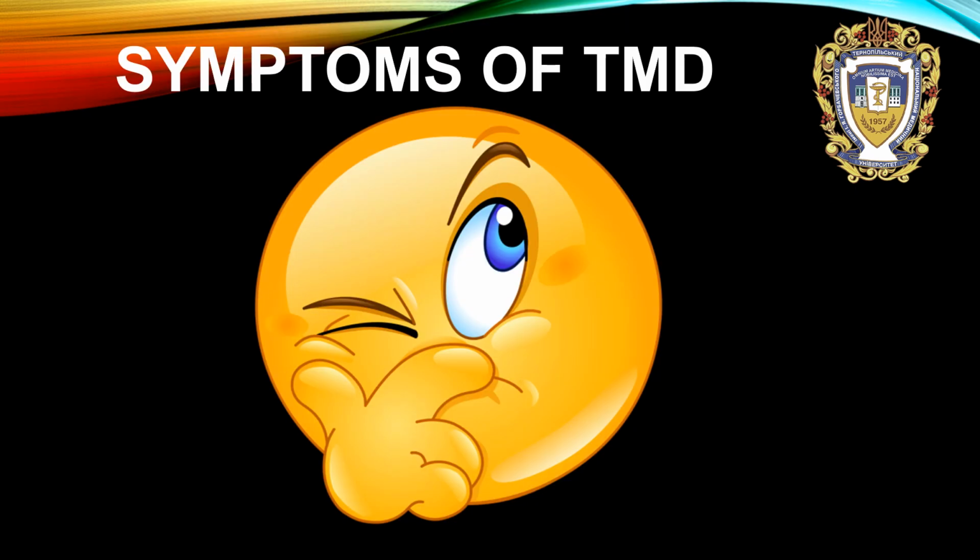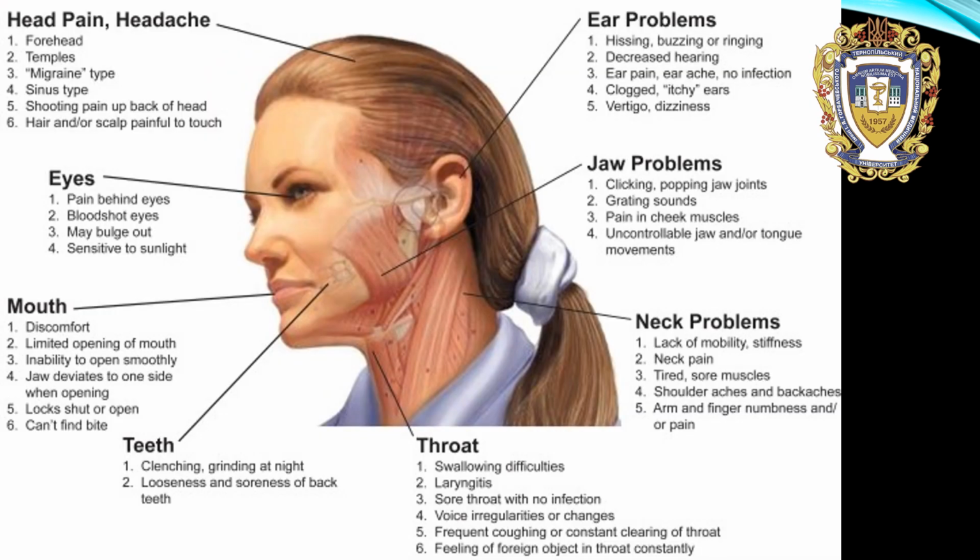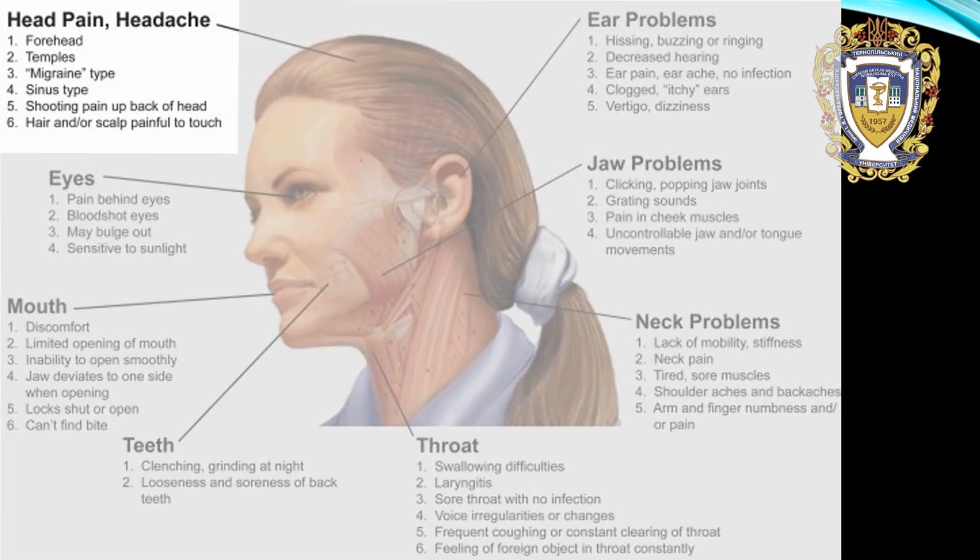Then, what symptoms of temporomandibular disorders can we observe in our patients? Let's begin from the head. There can be headache on forehead, temples, migraine type headaches, sinus type, shooting pain up back of head, hair and or scalp painful to touch.